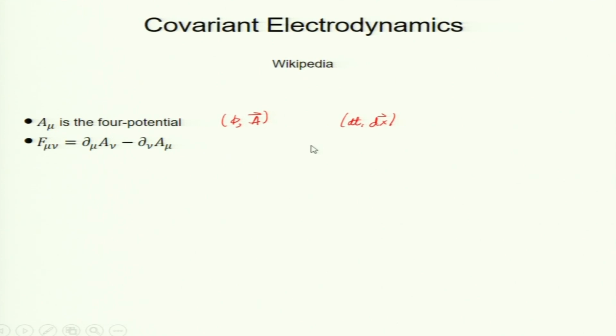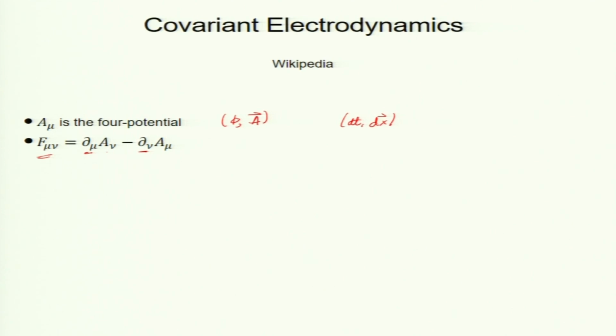Then we define the tensor called F mu nu. You might have heard of this F mu nu, which is del mu A nu minus del nu A mu. These are partial derivatives. And how many components does this F mu nu have? 16 components, right. Mu goes from 0 to 3 and nu goes from 0 to 3.